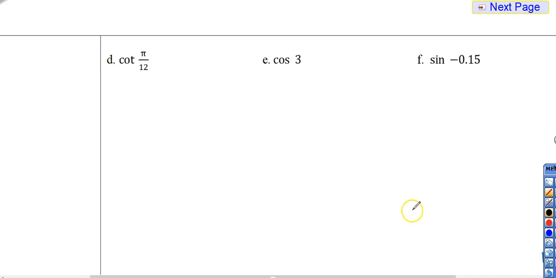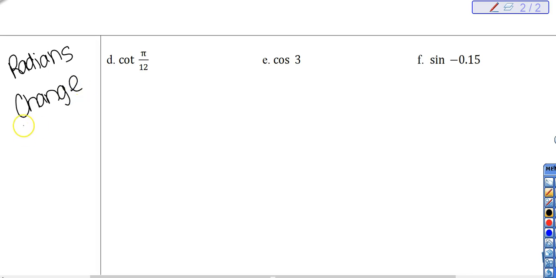So super important that you look at these problems and you recognize that there's no degree symbol. None. Therefore, these are radians, right? So you need to make sure you change the mode. Change the calculator mode.